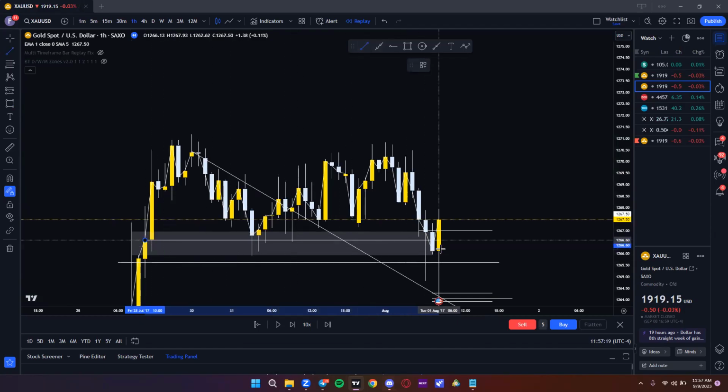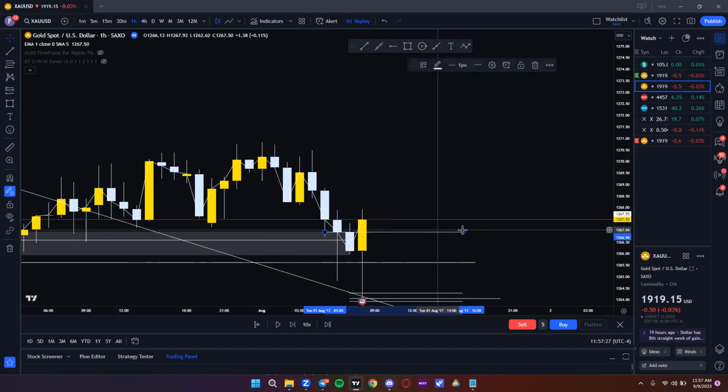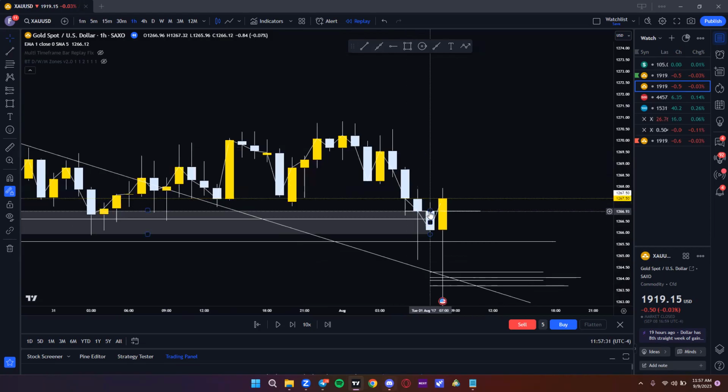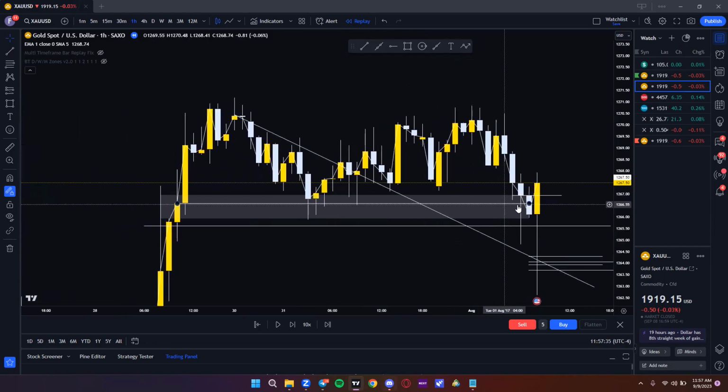this decision level here, right? This open and close. The open to the close.